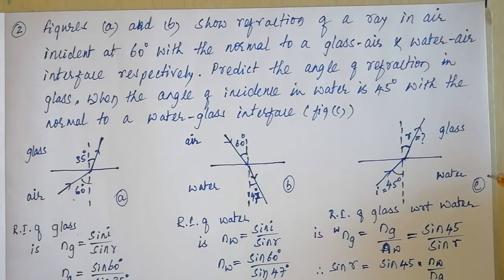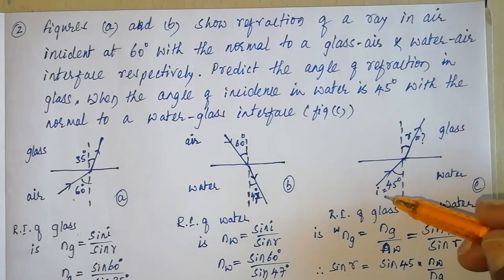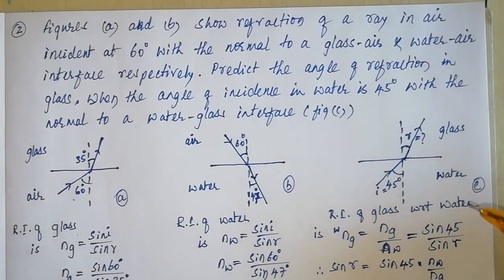In figure C, the light is traversing from water to glass. Water is the optically rarer medium, glass is the optically denser medium. In this sum, they are asked to calculate the angle of refraction for light traversing from water to glass.